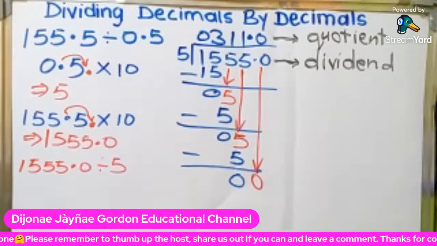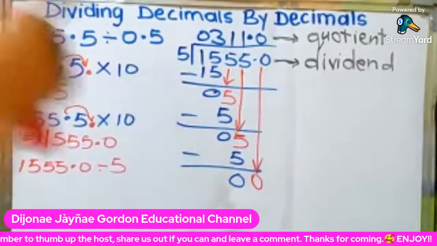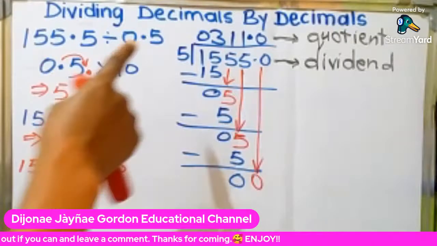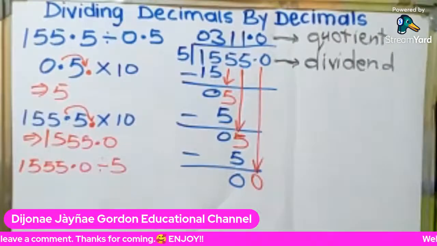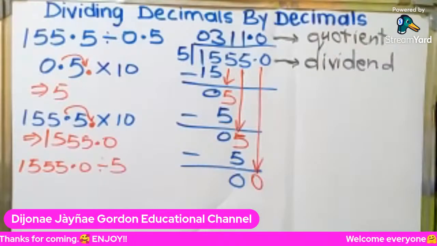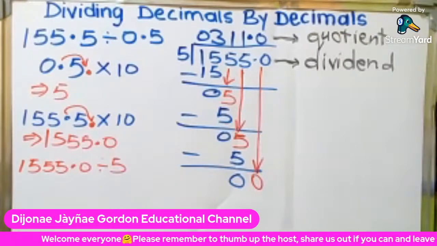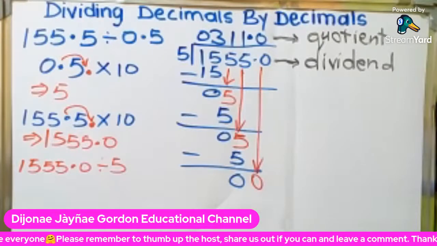You have to check your divisor first. And anything that you use to multiply your divisor, that's the same thing that you're going to use to multiply your dividend. All right, so you have to make sure that you look carefully at your divisor first.